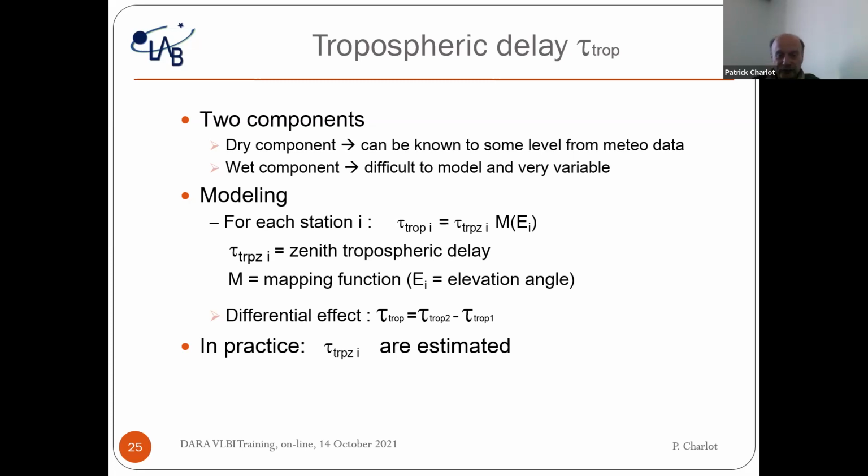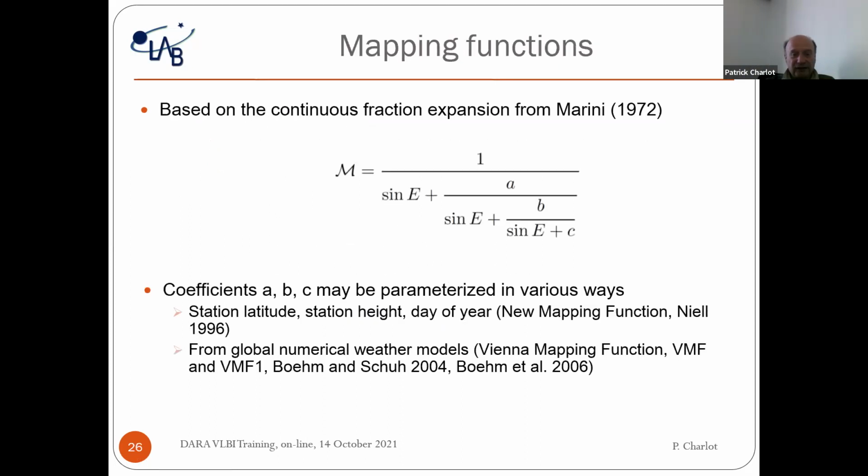So you just multiply the zenith value by this mapping function. And as I said before, this is a differential effect: the value at one station minus the value at the other station. And as I said earlier, it's difficult to model because the wet component is very variable, so this is also one quantity that you estimate in your analysis.